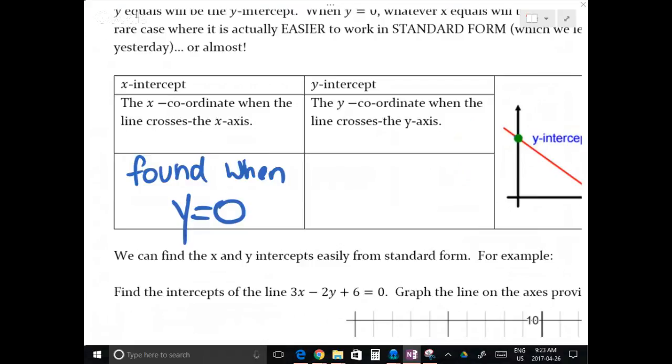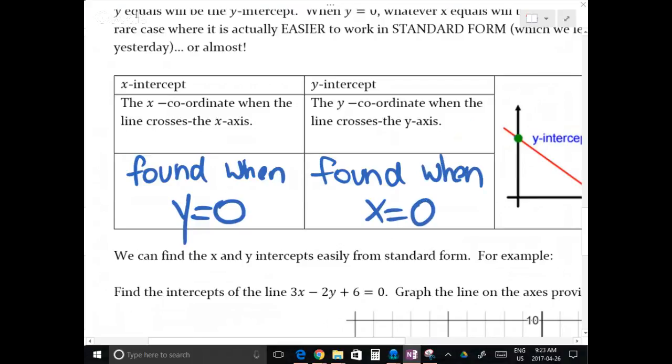So we get the x-intercept when y is equal to 0. When there is no y, you're on the x-axis. You're right on the x-axis. What about the y-intercept? We find that when x is 0. When there is no x, how much y?